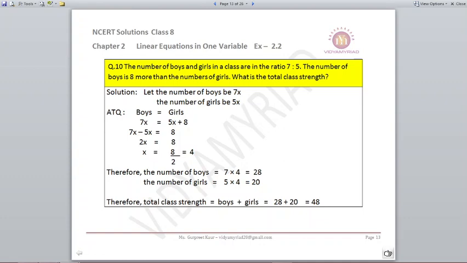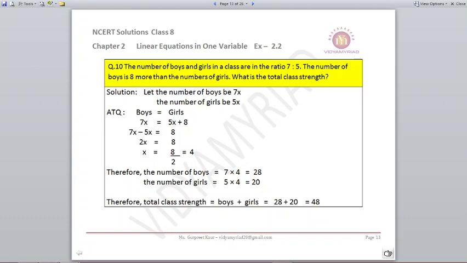Next, the number of boys and girls are in the ratio of 7:5. The number of boys is 8 more than the number of girls. What is the total class strength? Now here they have given us the ratio, so we will assume the number of boys to be 7x and the number of girls to be 5x. Now they are telling us that the boys are 8 more than the number of girls.